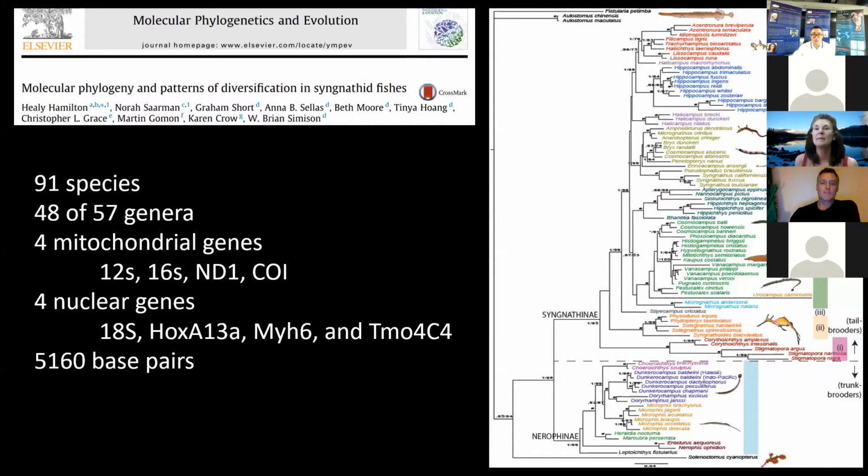And so this is a tree that we presented in 2017. It was sort of hot off the press at that time. We had almost 100 species, and 48 of those 57 genera, looking at 5,000 base pairs of DNA with 4 nuclear genes and 4 mitochondrial genes.